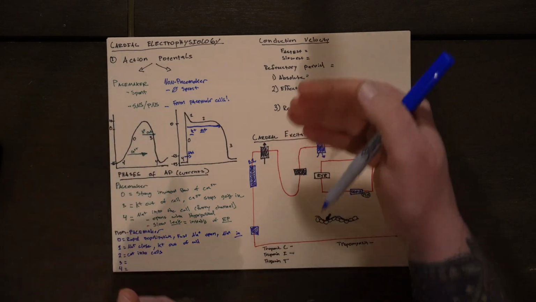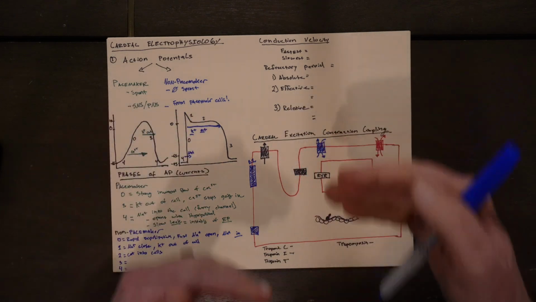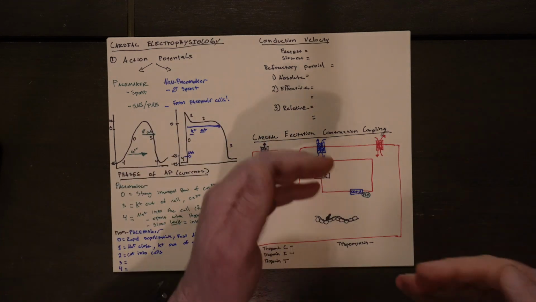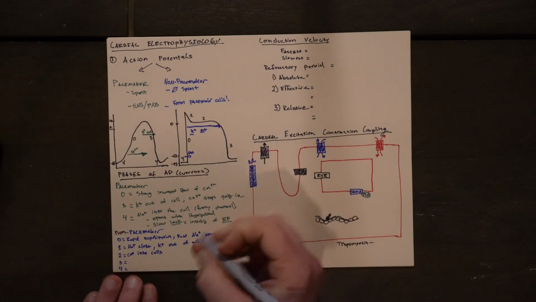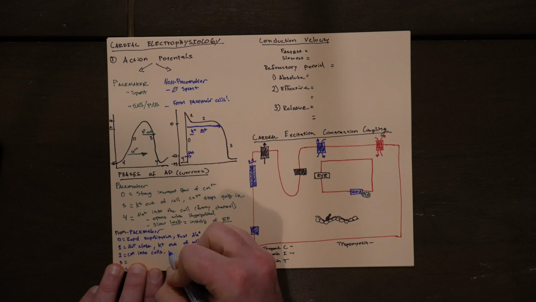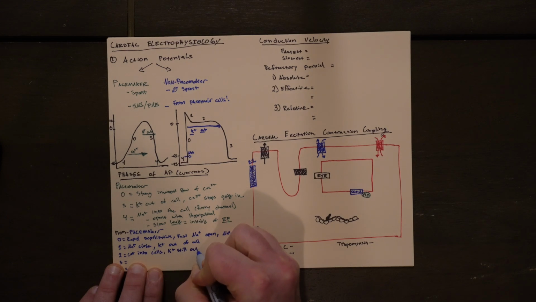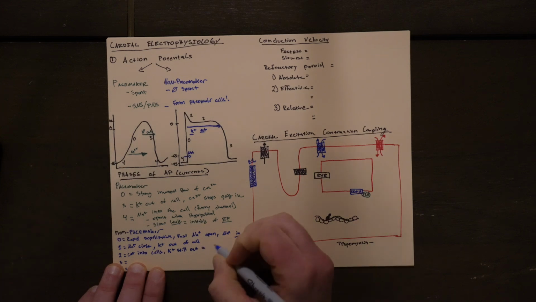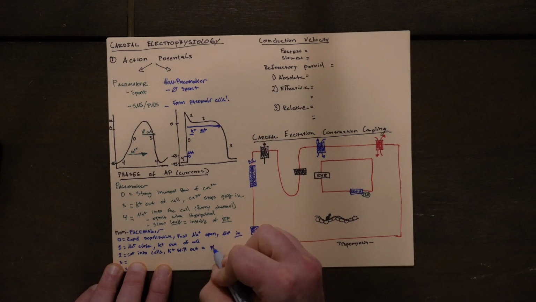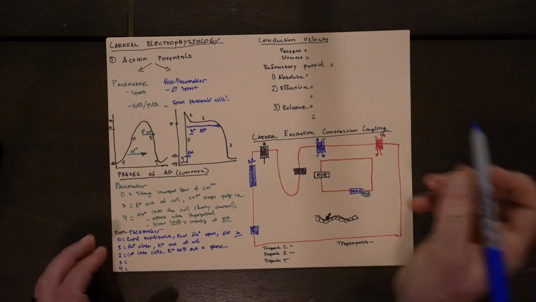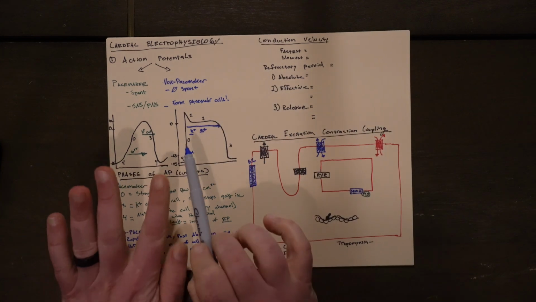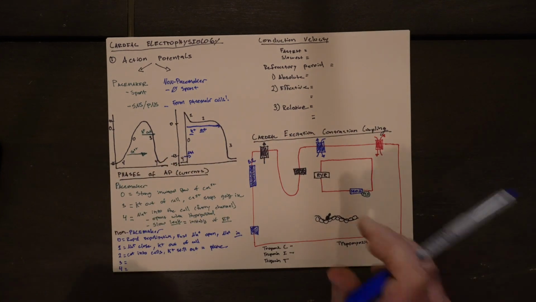So the charge is remaining neutral because they're kind of trading charge for charge, and that creates the plateau, right? So K+ is still going out, and that gives you the plateau. And that kind of is what drags that out.